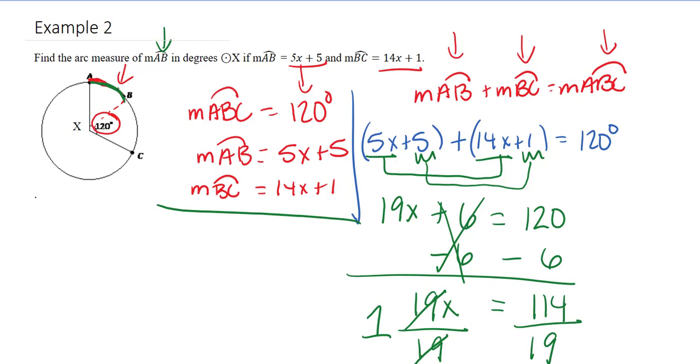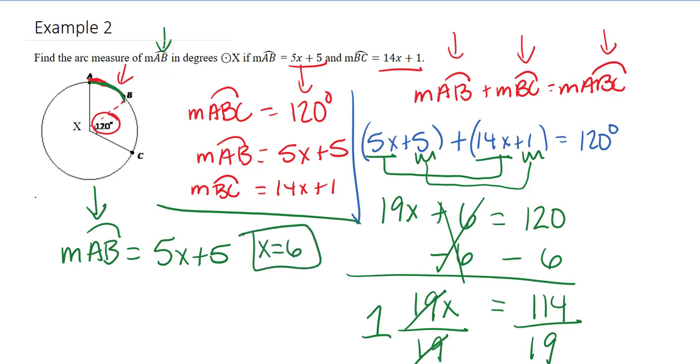So what do we know about the arc measure of AB, which is equal to 5x plus 5? This is what we're looking for. But now we know x is equal to 6. So what we have to do is plug that in. So we have 5 times 6 plus 5.